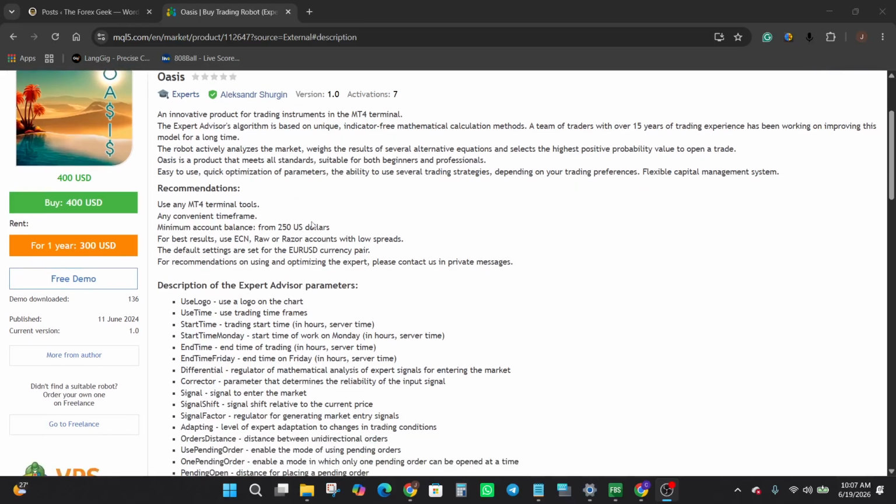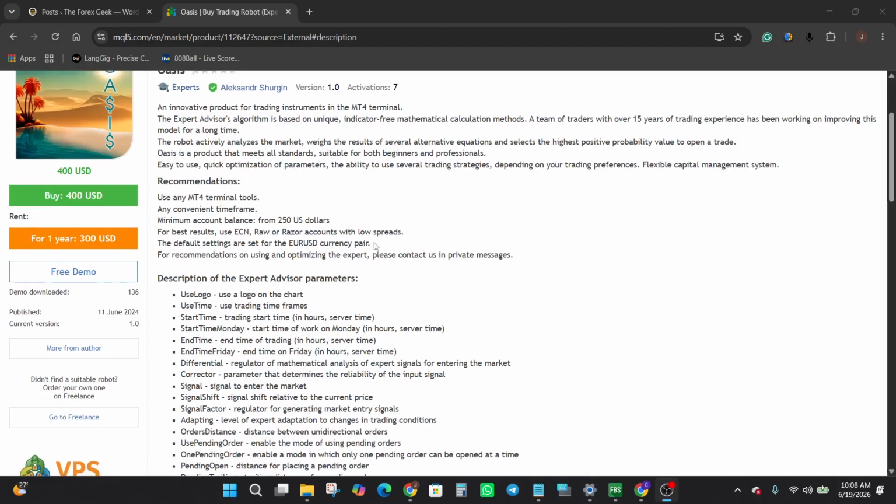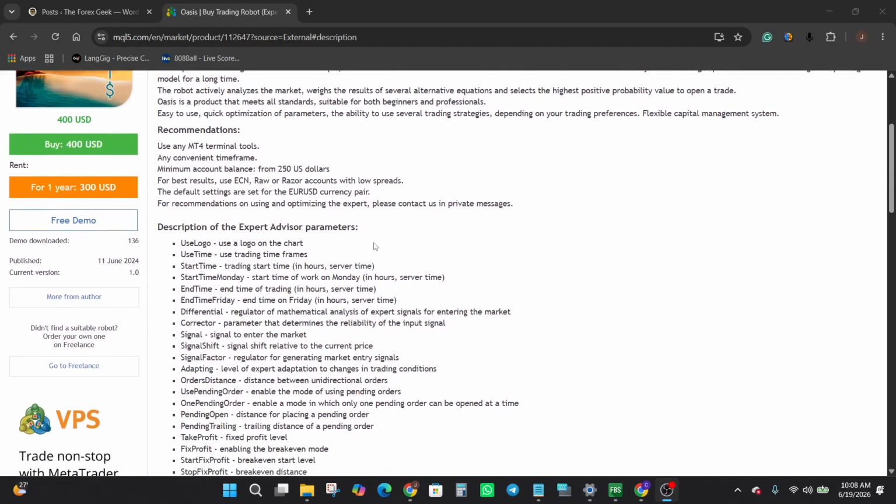As I continue through the description, the developer emphasizes that the EA is designed for both beginners and experienced traders with flexible capital management options and the ability to use different trading approaches through its available settings. Now, looking at the recommendations section, the EA can be used on any trading instrument available in MT4, and the developer states that any time frame can be used.